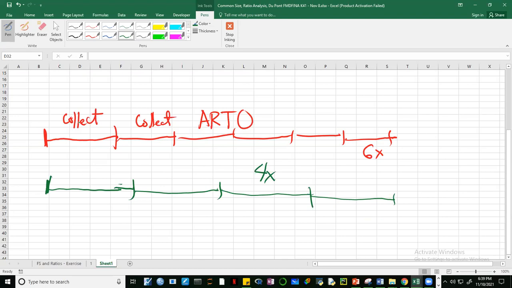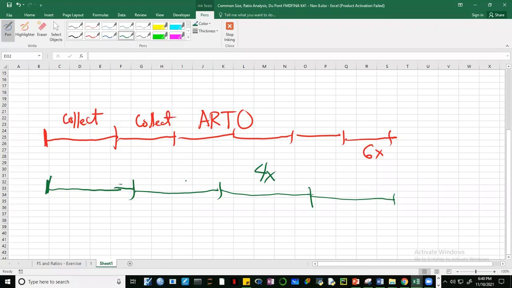Okay, ito medyo tricky, guys. Kasi ano to, the higher the better? What do you think, guys? The higher the better ba yan? Okay. Not necessarily, no? Pwedeng mas mababa.